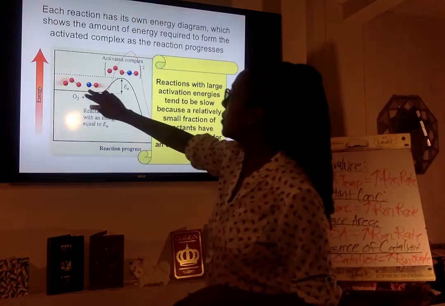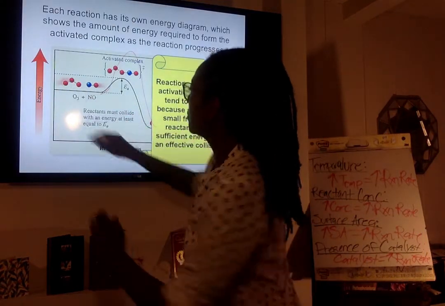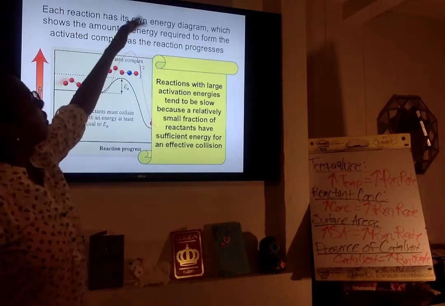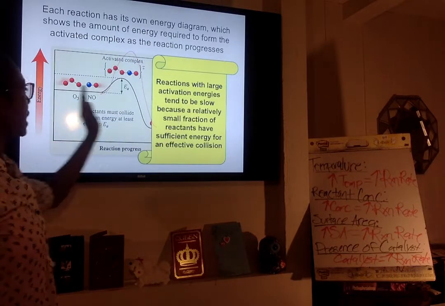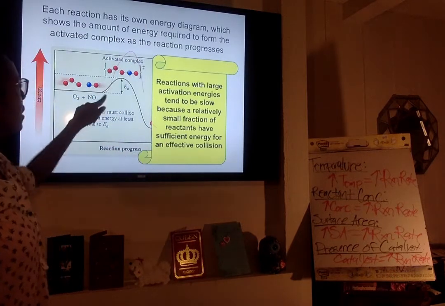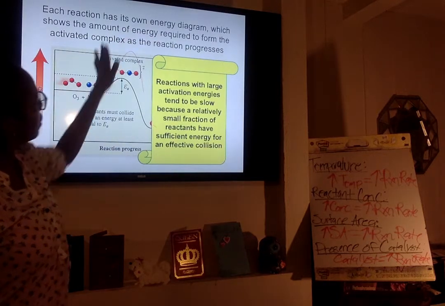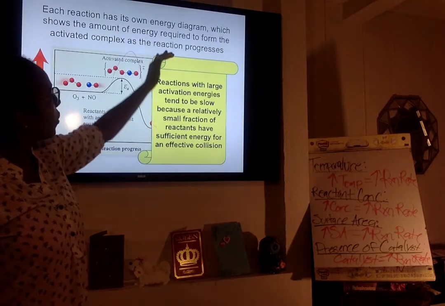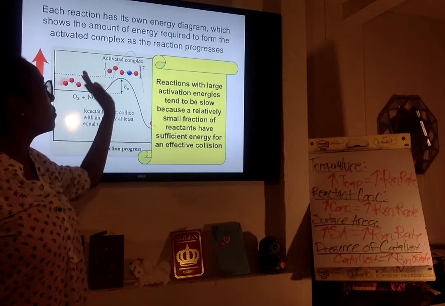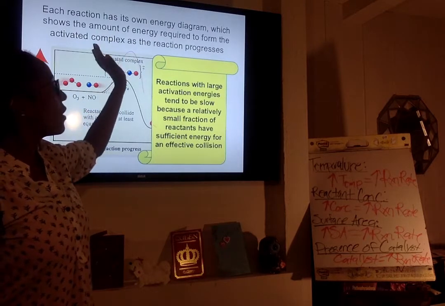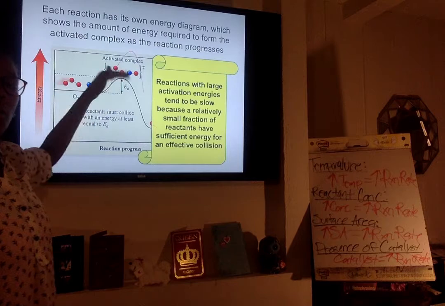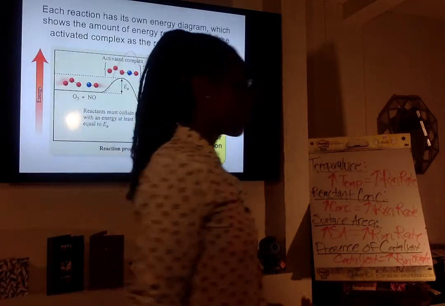Because what? You have to push this. It's almost like you have to push these molecules over this high hill versus having to push them over this, right? So this is going to be a smaller activation energy, and this would be a larger activation energy, but it's going to be a slower reaction rate because you have so much more of a barrier to go over in order to start the reaction, right?